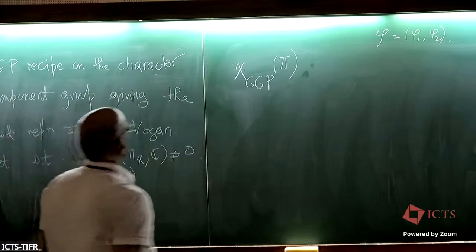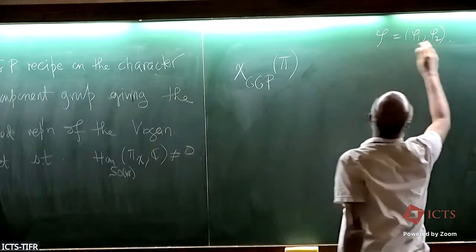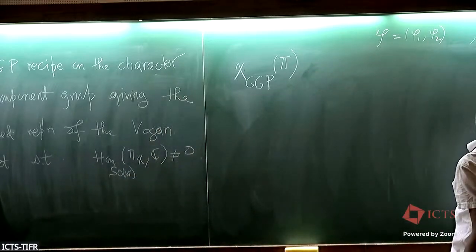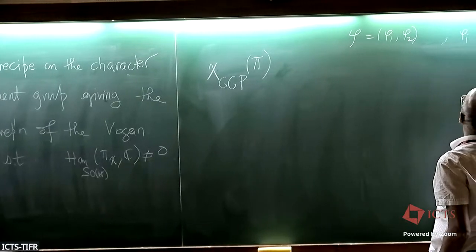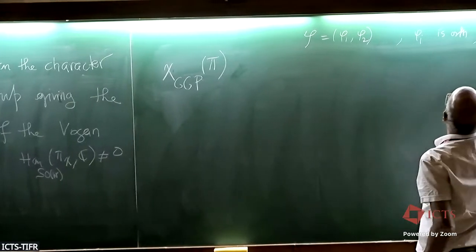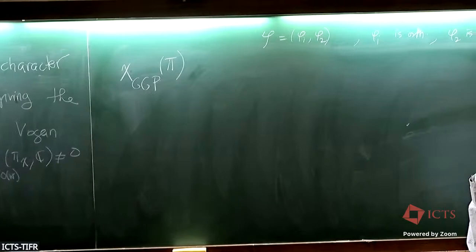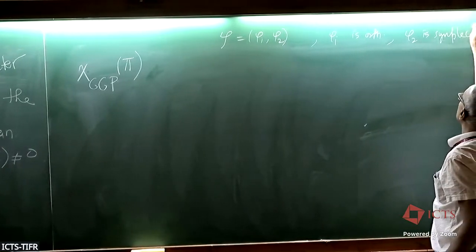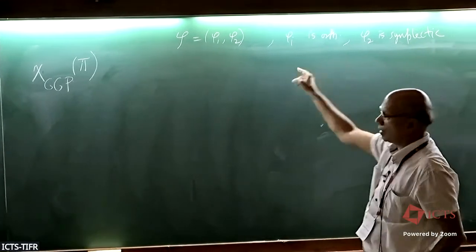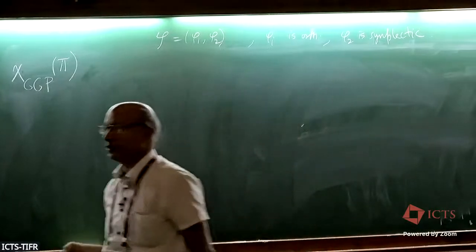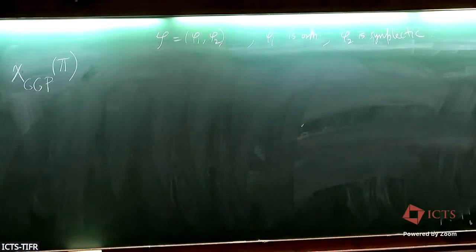So here let's say that phi_1 is orthogonal and phi_2 is symplectic. This is indeed one of the important details of the GGP situation, that one of the groups has an L-group which is orthogonal and the other one is symplectic.